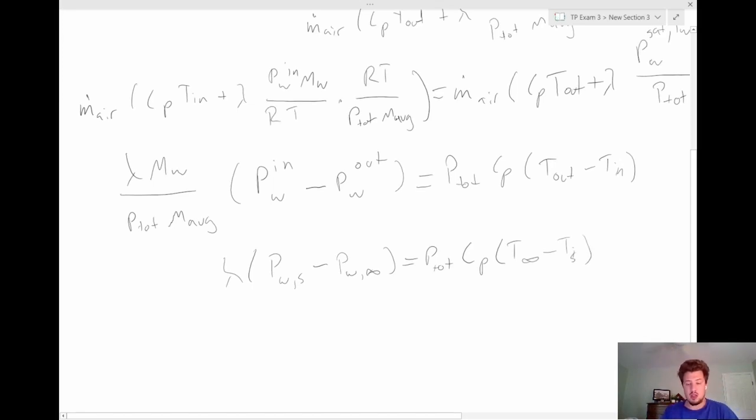And as you can see, these two equations are similar, and that is the Lewis relation, applied to an adiabatic saturation temperature to relate the humidity to the wet-dry bulb experiment.